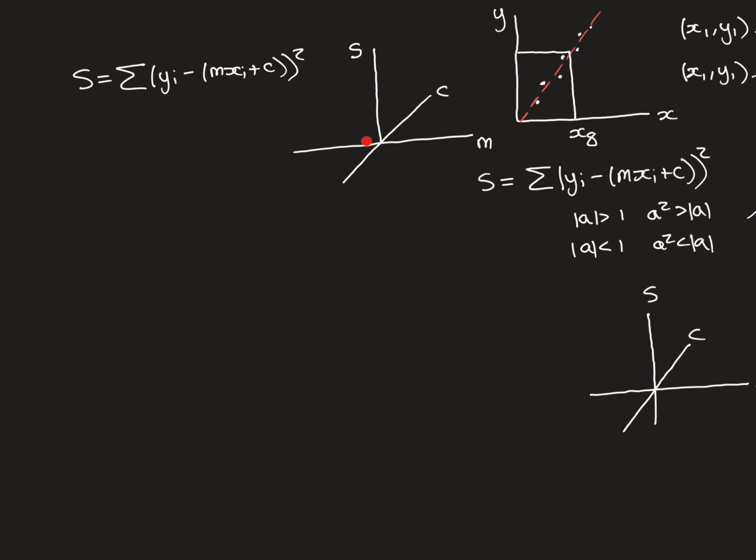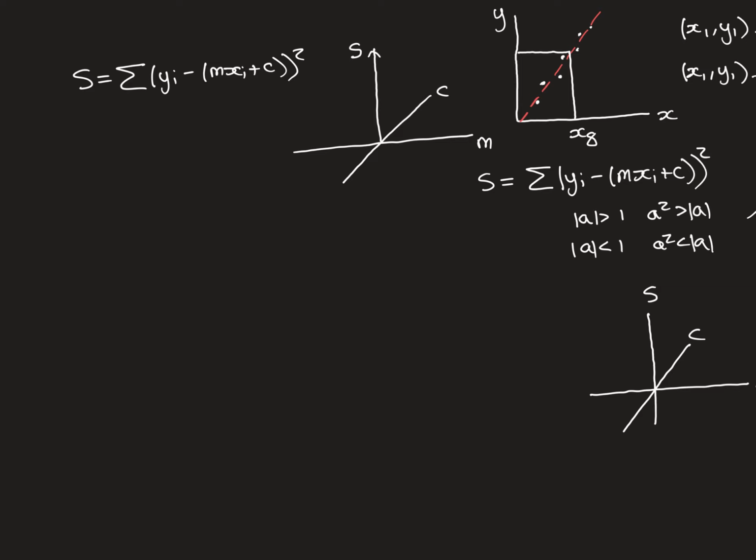So we have the whole R2 plane as our domain here, and then the answer is going to be a real number too. It's this s value, and we want to know which m and c we should pick to minimize this. So where is this s surface at a minimum?